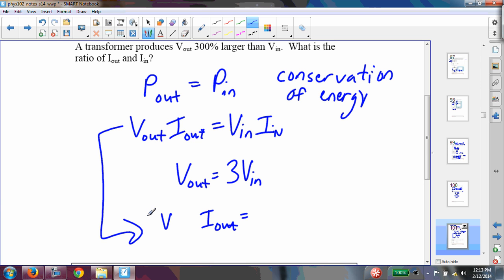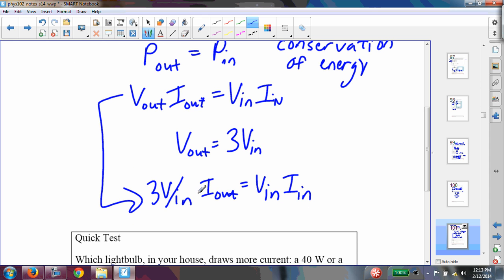I'm going to replace V out with 3 times V in, and then over here I'll have V in times I in. My V in's cancel, and I'm left with an expression: our ratio of I out to I in equals 1 to 3. So my output current is 1/3 that of the input current. So that's where the answer comes from.